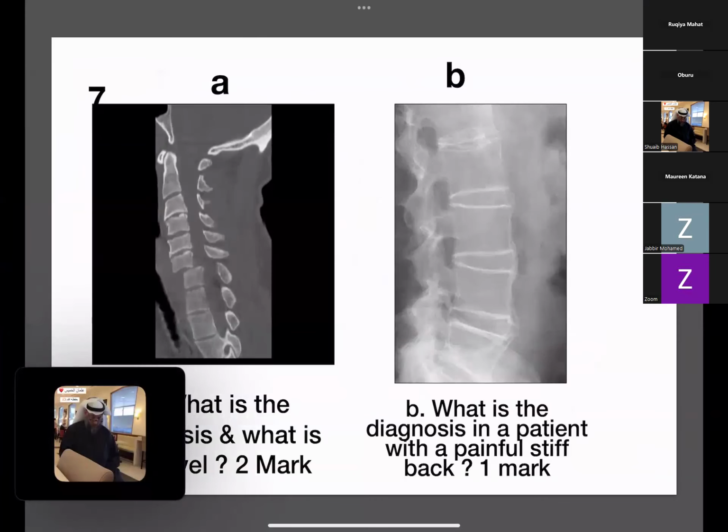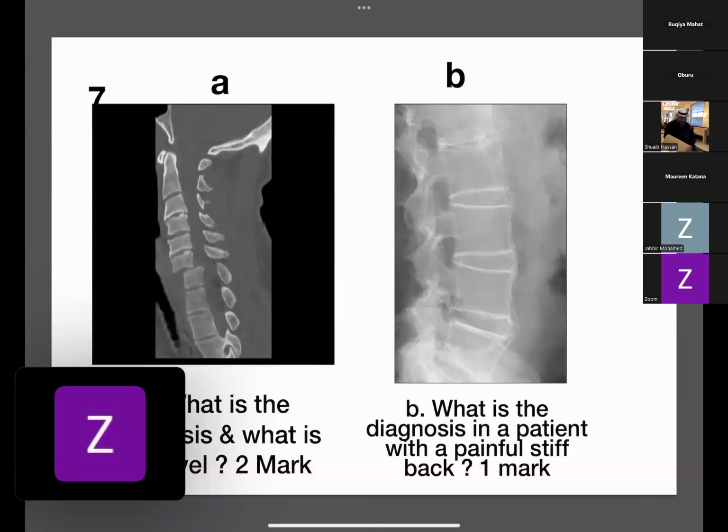Could you just demonstrate the, I think you called it, bamboo appearance in the ankylosing spondylitis? Yeah, look, your guess is as good as mine, but I think all this calcification of the ligaments looks like a bamboo, does it? So the way the bamboo looks, you can see that straight, and that.